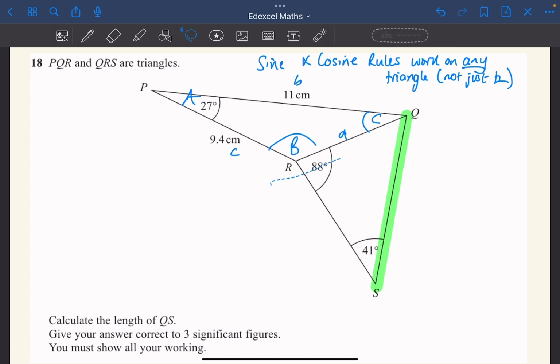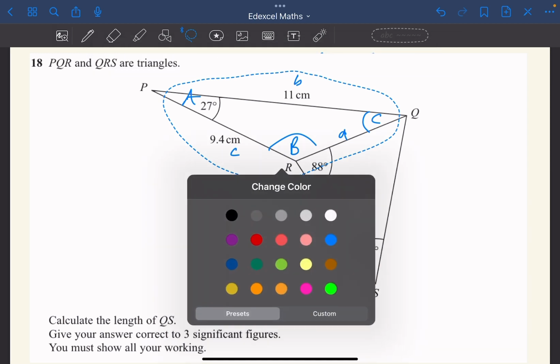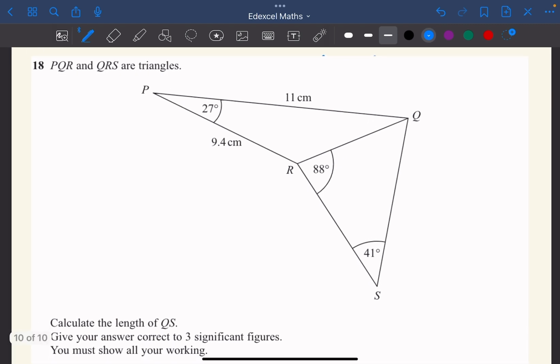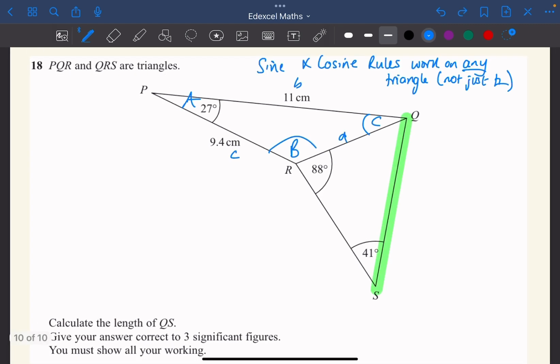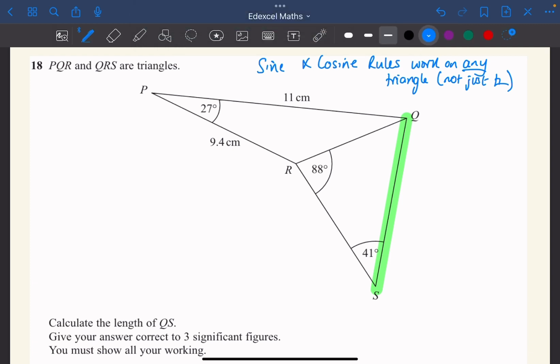So I'm going to put this in a different color so that it's a bit clearer. Okay, I think it changes the whole thing, so let me just rewrite it.